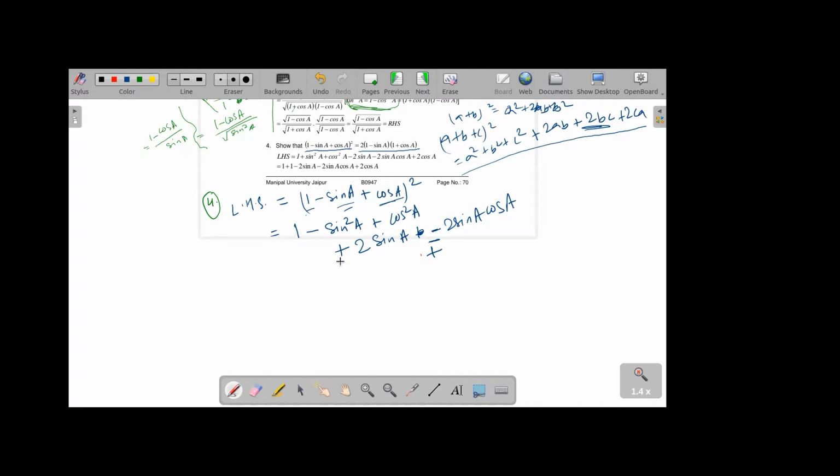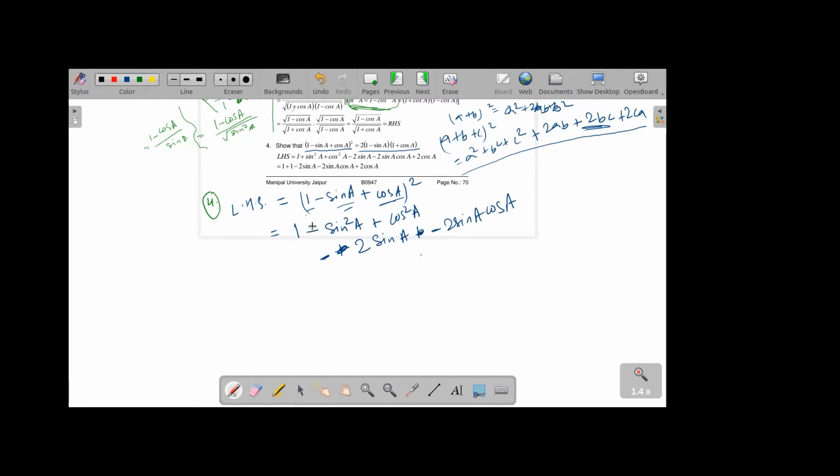Correct, it will be minus 2 sin a. Thank you for the focus, but still there is some less focus I can see.